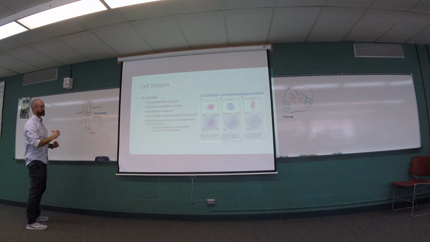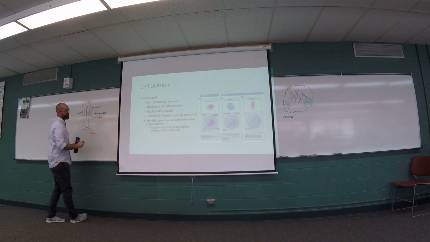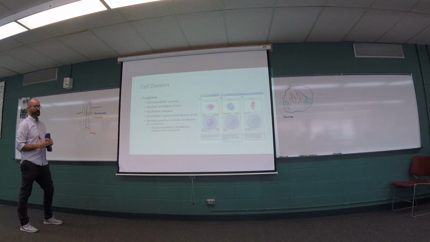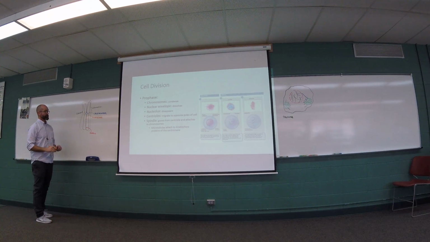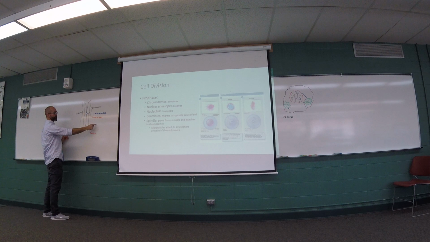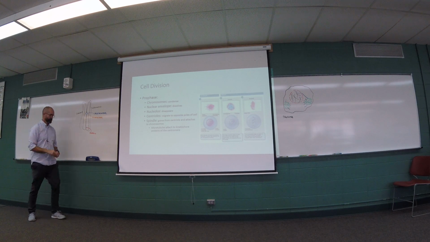That's how it's spelled: Kinetochore. And so what's going to happen is the microtubule is going to grow over here and attach to that kinetochore. And it just becomes like a trailer hitch, basically. So think about it that way.